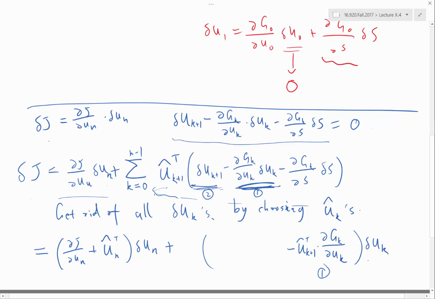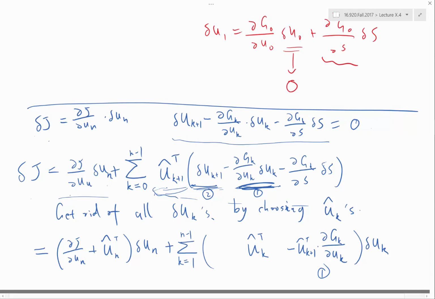But now we are focusing on whatever is multiplied on delta uk, so the corresponding u hat should also be k. So I should also have u hat of k transpose, minus this, right? And this is summed over k all the way from 1 to n minus 1. So the only term that was not included was when k is equal to 0, which we assume is already 0, right?